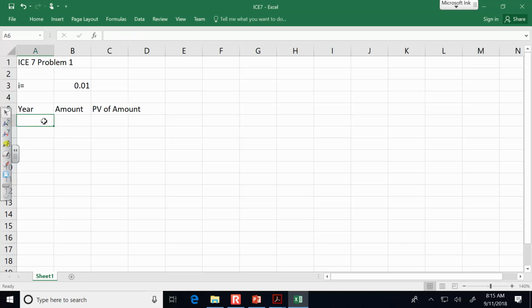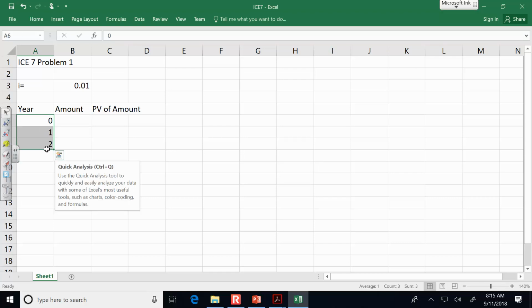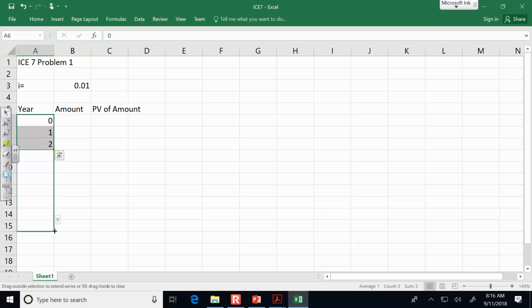Okay? So this cash flow diagram has 10 years, so type in 0, 1, 2. And remember from Engineering 111 that once you have a trend, you can click in this corner and drag it down, and it will continue the trend. So you don't have to type in all those values. So 0, 1, 2, and I click and drag until I get to 10.